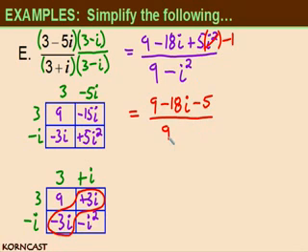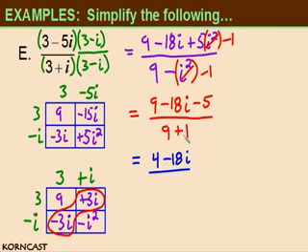In the denominator, 9, well, again, i squared by definition is negative 1. So negative times negative 1 is a positive 1. So I'm going to add 1 to 9. And again, continuing with my simplification, 9 minus 5 is 4, minus 18i, divided by, well, 9 plus 1 is 10.